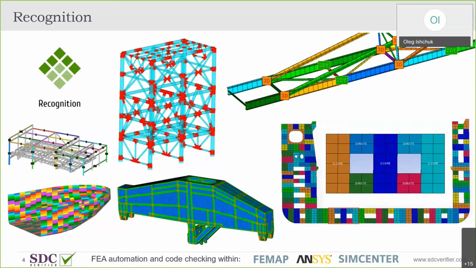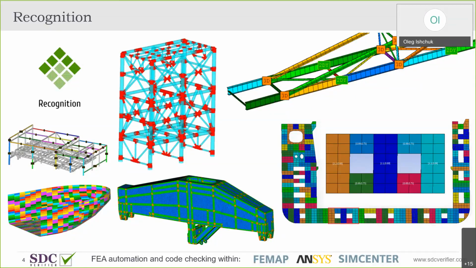You can recognize the weld intersections, set the dimensions of the weld for weld strength check, or the FAT classes for SN curves for fatigue calculation. And the biggest benefit is that it is mesh independent, so you can have a very fine mesh with a huge amount of elements for your general FEA, and it doesn't depend how many elements you have.